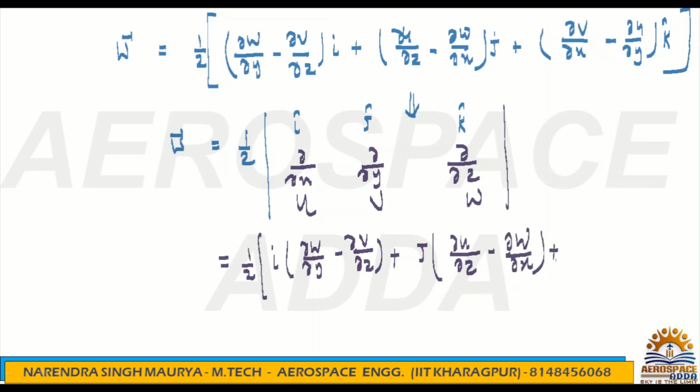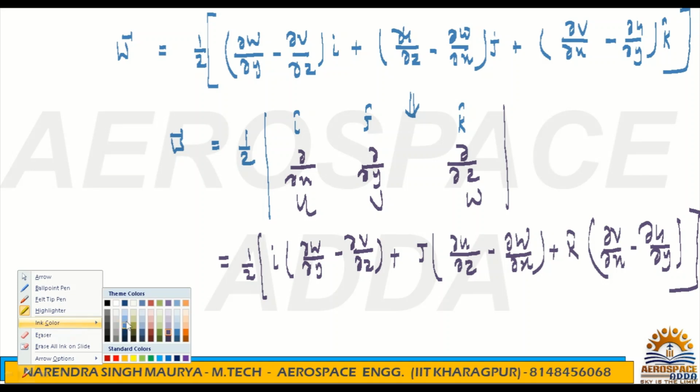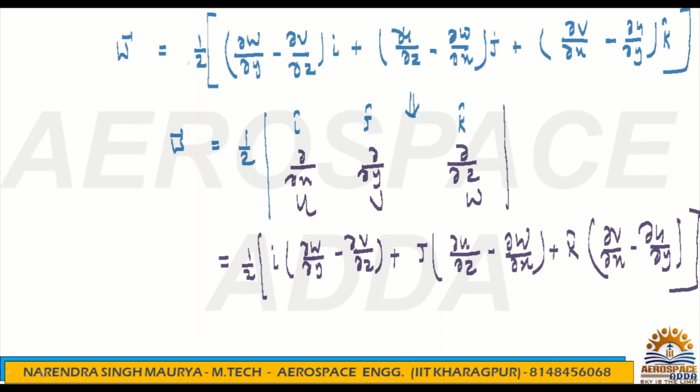Plus k, cut this, then it is dou v by dou x minus dou u by dou y. What is the meaning of it? The same value whatever you have here, the same value you are getting after solving this matrix determinant.